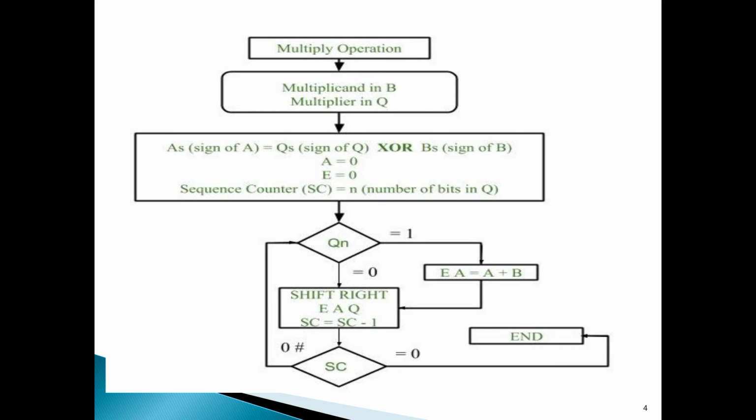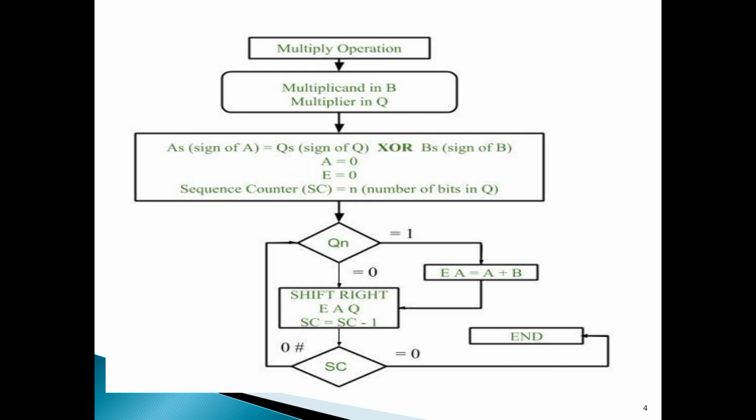If it is 0, there is no need to add A and B; go directly to the shift right operation for EAQ. If it is 1, perform the addition operation, and after that perform the shift right operation for EAQ. Then decrement the sequence counter.